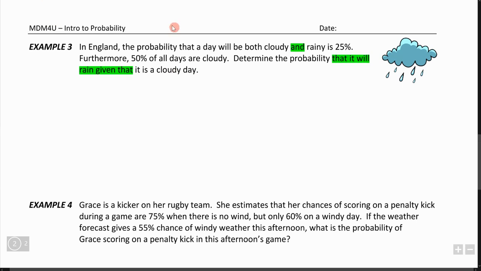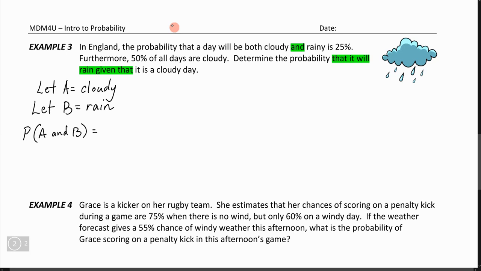Okay, so how do we calculate this? Well, again, let's define our events. So we're going to let A be the event where we have a cloudy day. And we're going to let B be the event where it's going to rain. Okay, and we're told that the probability that it will be both cloudy and rainy, so A and B, is equal to 25%, so 0.25 as a decimal.